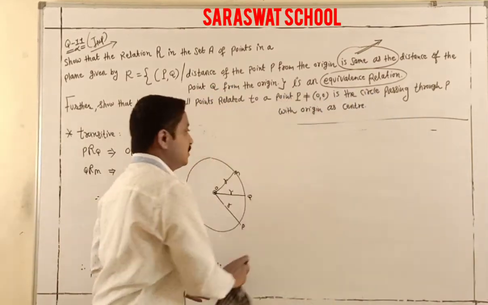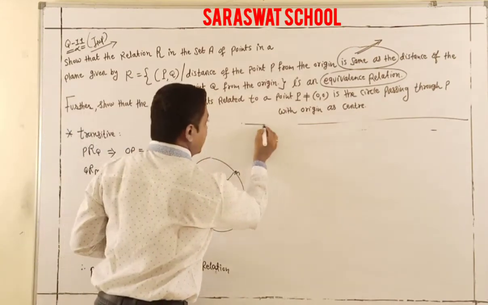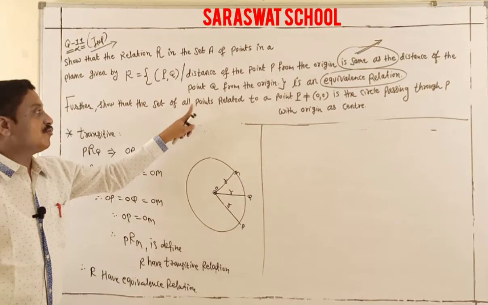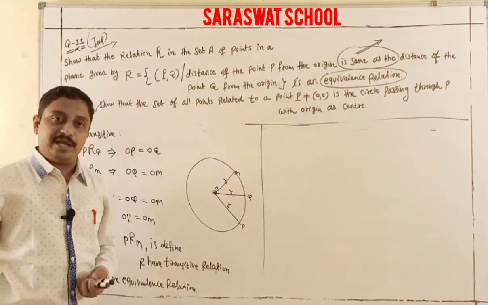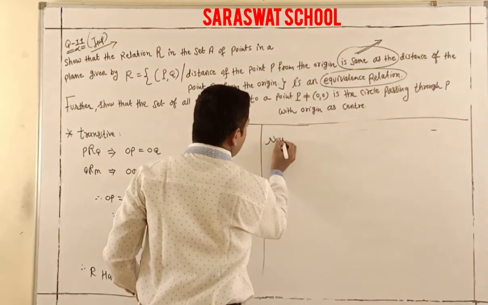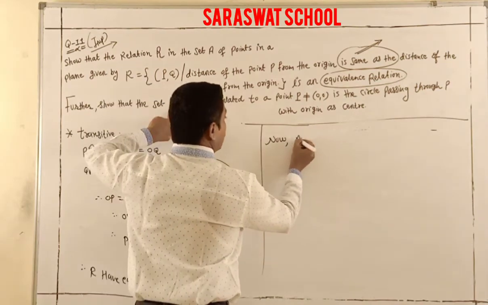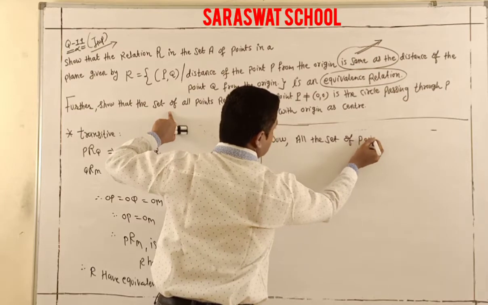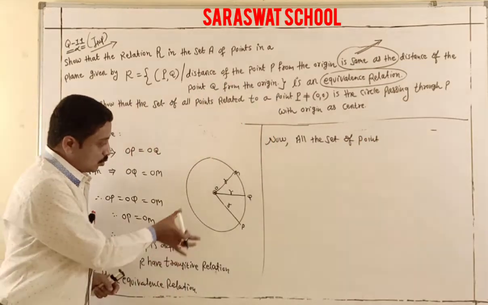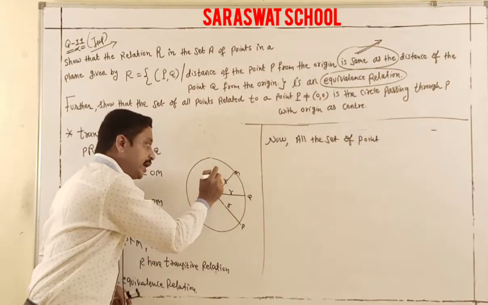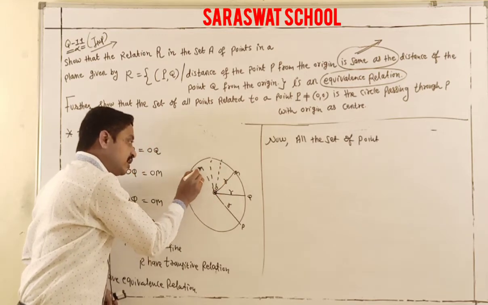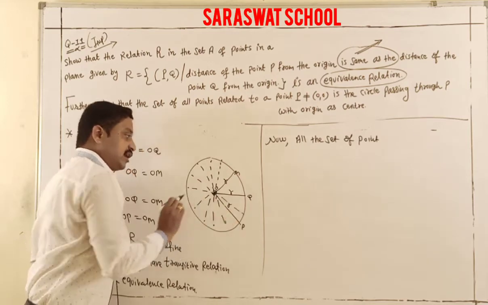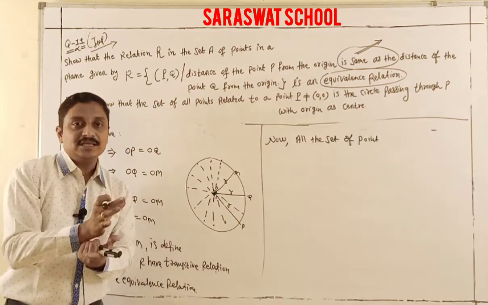So students, now I go ahead to our next part. Read further: the set of all points related to point P. Now what is written, all the set of points, means these points OP, OQ, OM and other different points, these all are the set. Definitely they provide a circle.